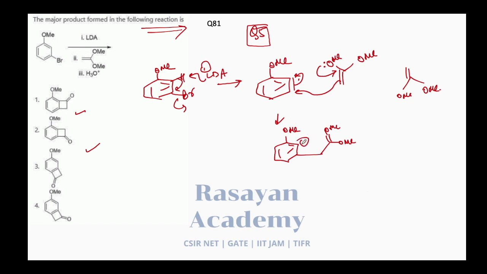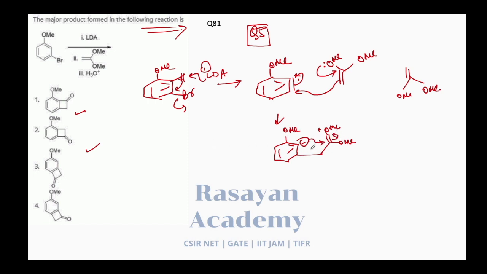Alright. So the negative charge must be close to the oxygen group. This is always stabilized because of the minus I effect. So that's why you can write that the negative charge once again attacks back on the carbonyl.